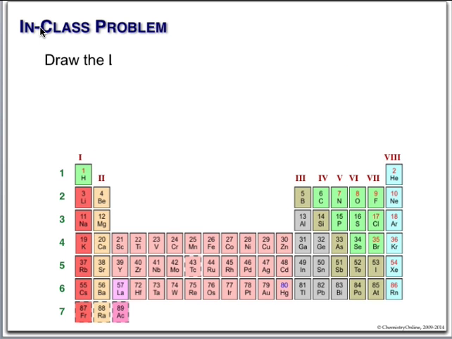Go ahead and look at nitrogen. Nitrogen forms the nitride anion. Nitrogen is here in group 5.